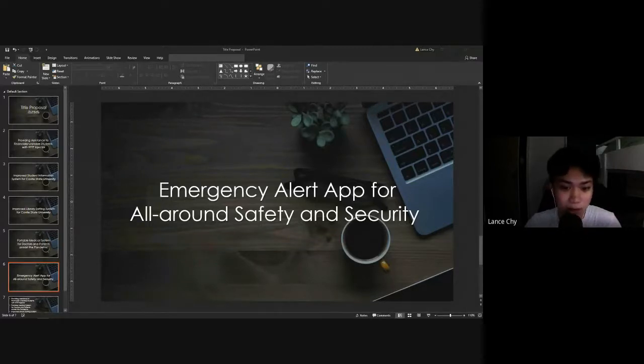would be it would have a button to alert other people with the same app to respond to you if ever you have a dangerous or say emergency situation.